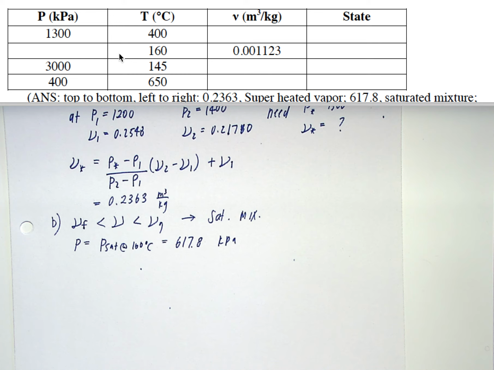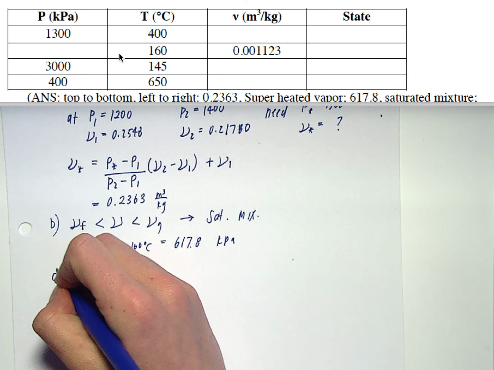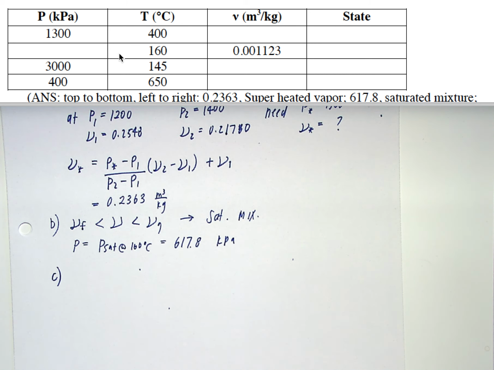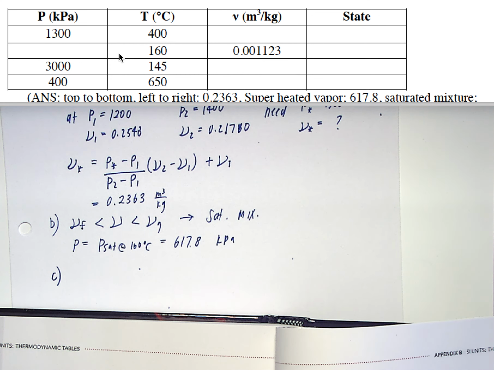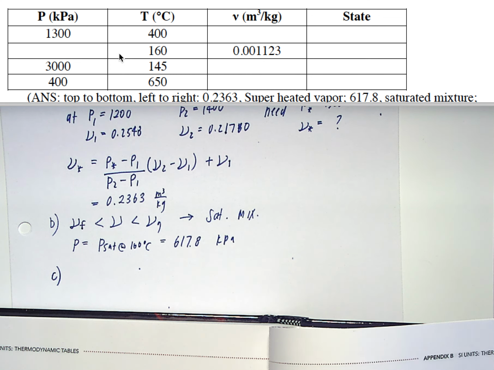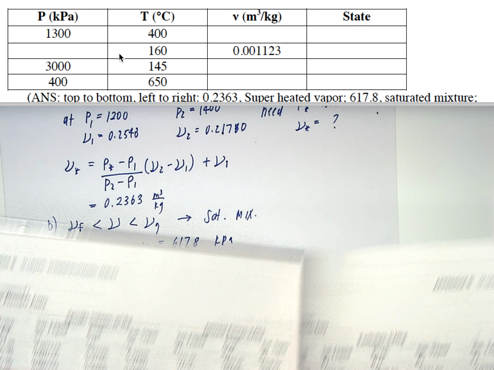The next one is a compressed liquid. So let me just show you how you can tell it's a compressed liquid with looking at the tables again. So part C gives you pressure and temperature. So I'm going to go to the pressure entry, and we need to look at 3,000 kilopascals.